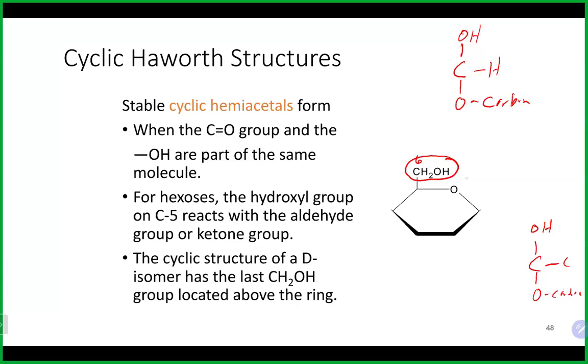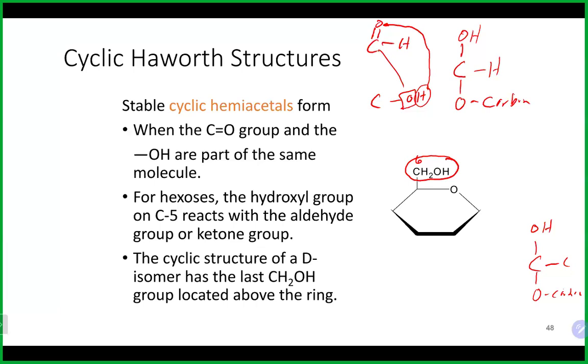And what happens is, when we have carbon number 5, that OH group, and that carbon oxygen group here at the top, when they come together, they close in on the ring, and this hydrogen actually slides over and makes that an OH group. And then this oxygen gets incorporated into the ring.